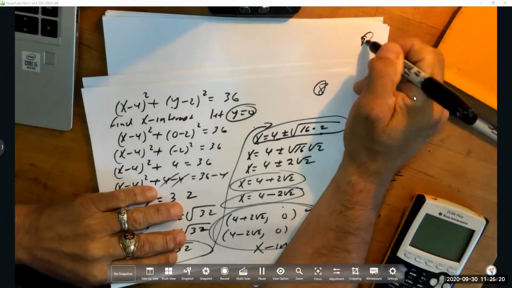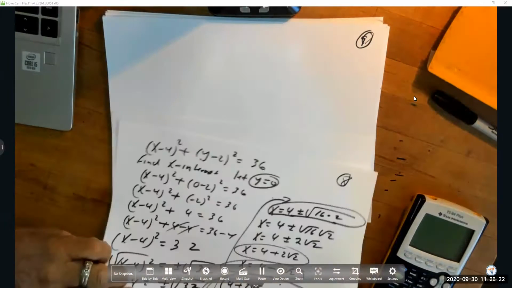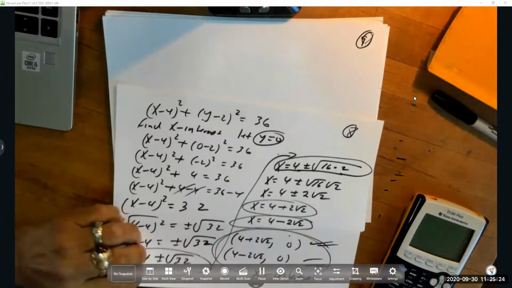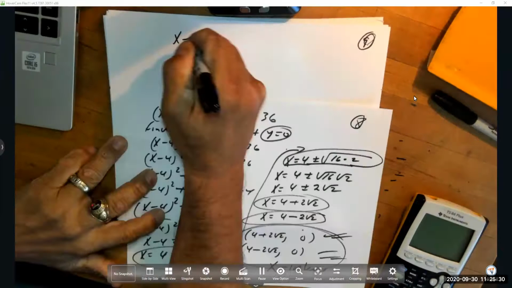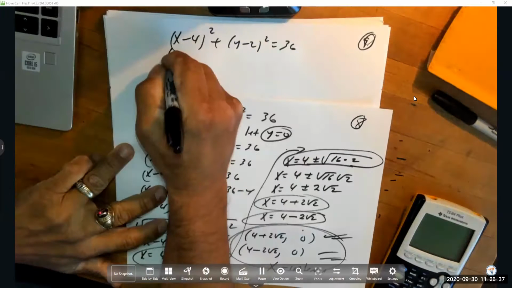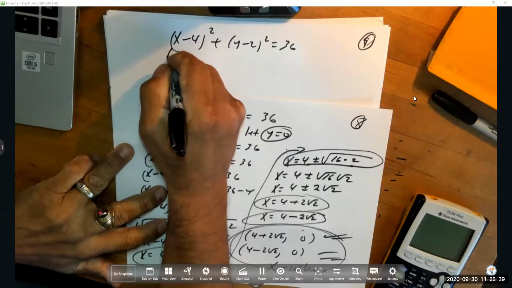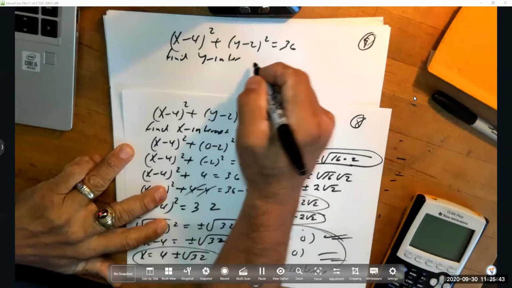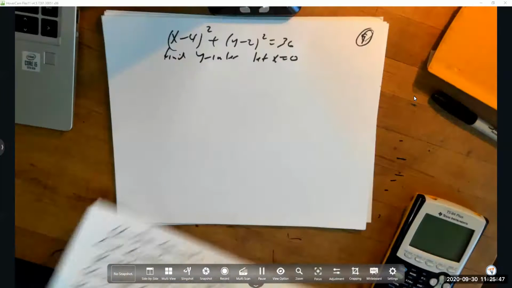All right, this one: (x minus 4) squared plus (y minus 2) squared is 36. It's going to say find the y-intercepts, which means let x equal 0. Kind of like the last one, but the opposite. Where there's an x, put a 0.